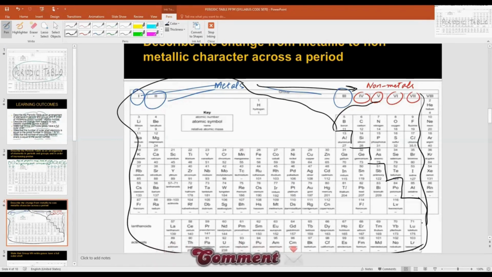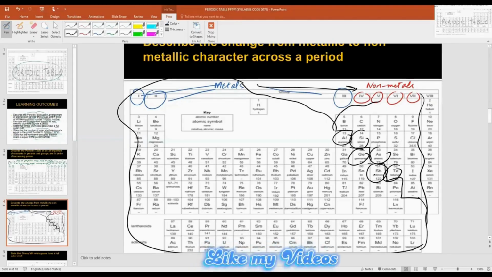On or close to the staircase line are metalloids. Metalloids are intermediate between metals and non-metals, which means these are metalloids. We can also say that if the elements are above the staircase line, it's a poor non-metal, and if below the staircase line, it's a poor metal.